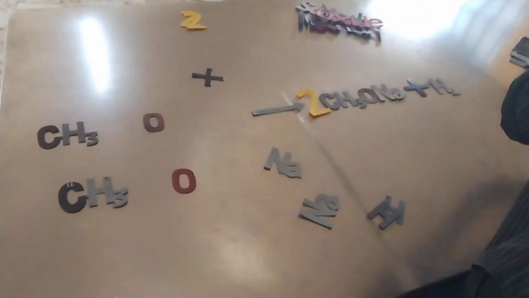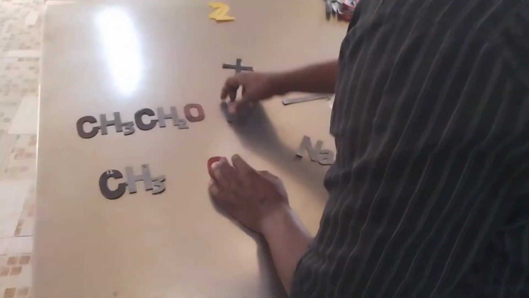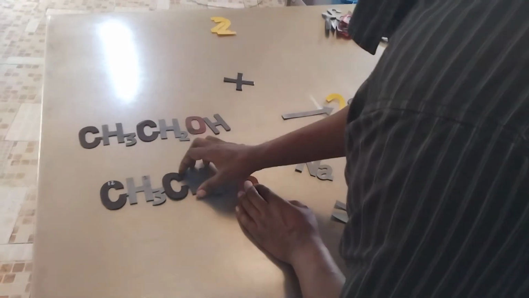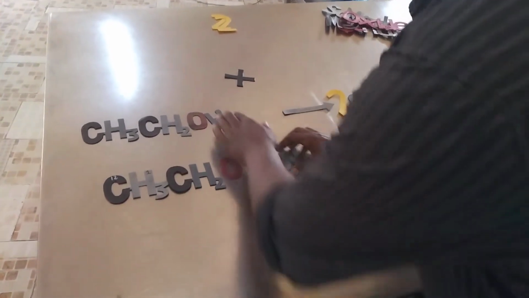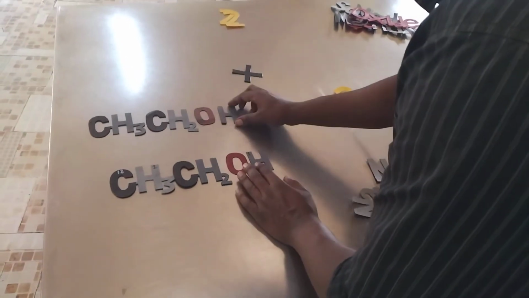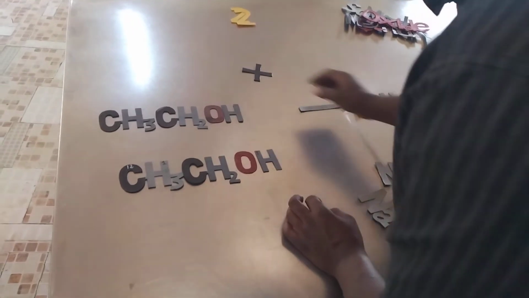Now that is the case for methanol. Suppose now we have ethanol like that. That is ethanol. Remember, it is ethanol because we have two carbon atoms for this molecule, and of course it is an alcohol because we have the OH group here.